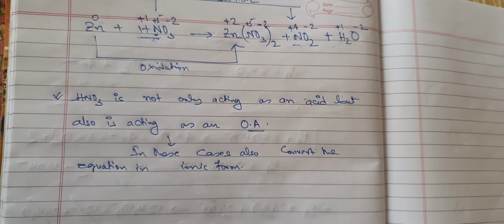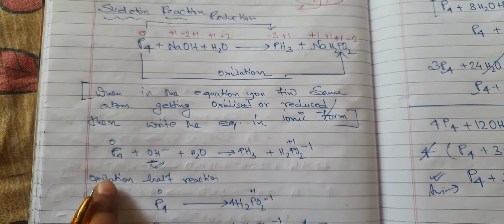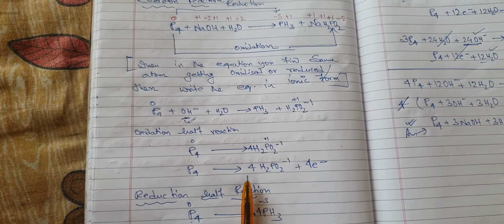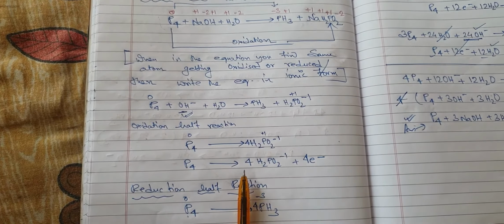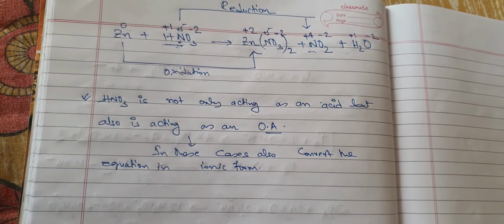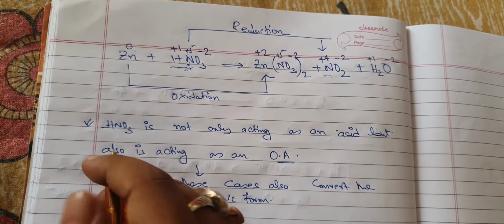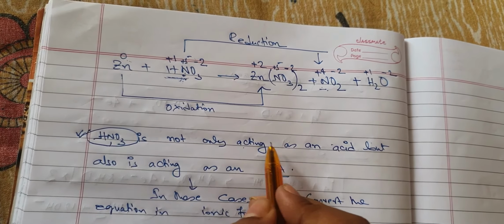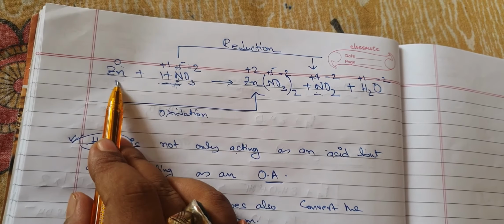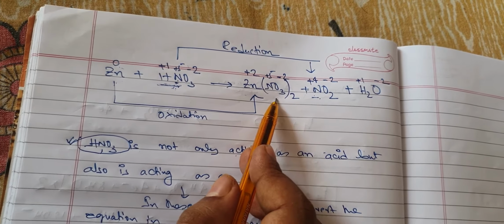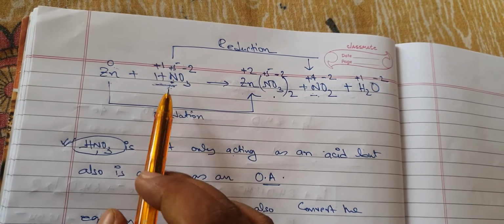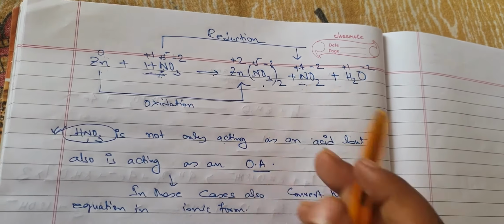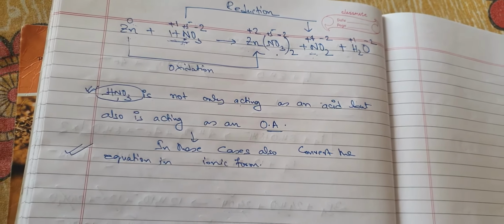So the first example that you have learned in this video is where the same element is getting reduced and oxidized. So you have to convert it into ionic form. HNO3 containing N is acting as an acid also, because it is reacting with Zn and giving Zn(NO3)2 in the displacement reaction, but also is acting as an oxidizing agent because the N from the HNO3 is getting converted to plus 4. In these cases also you convert it into ionic form.